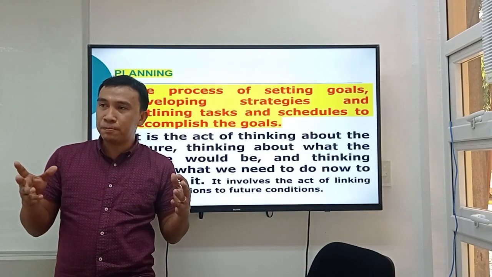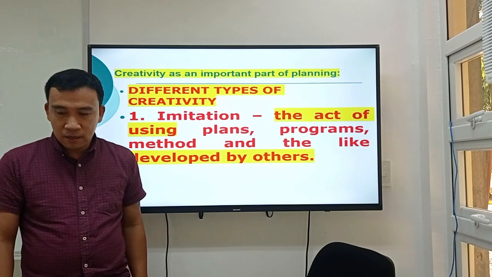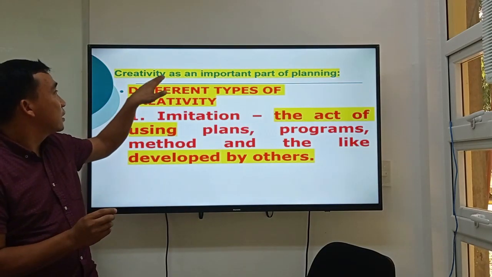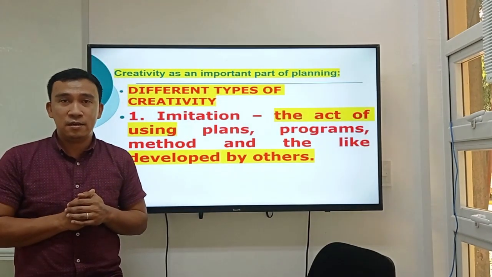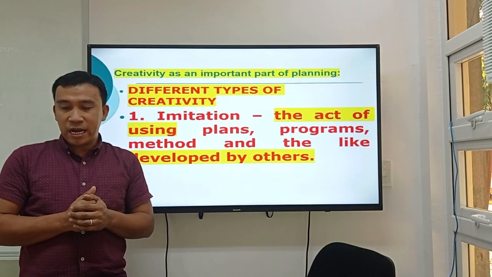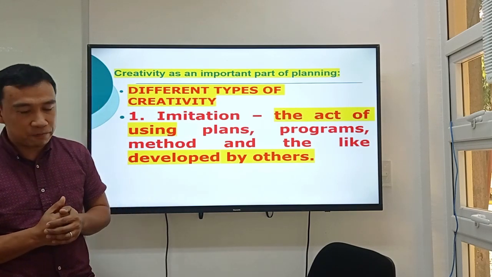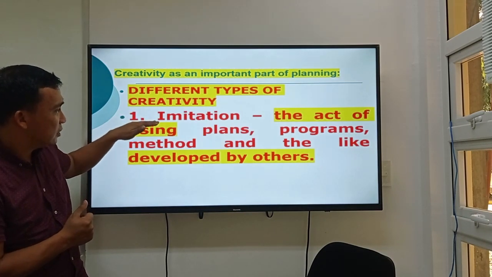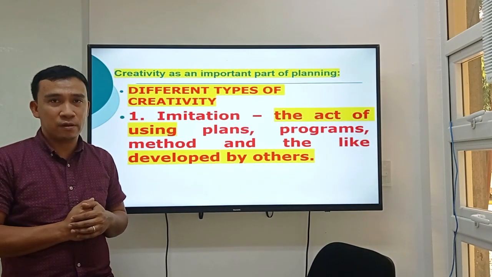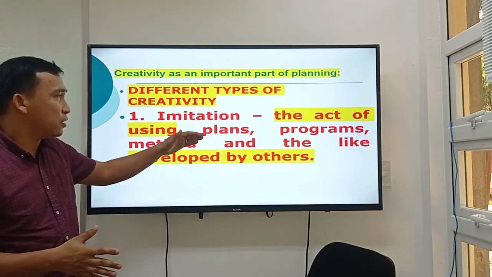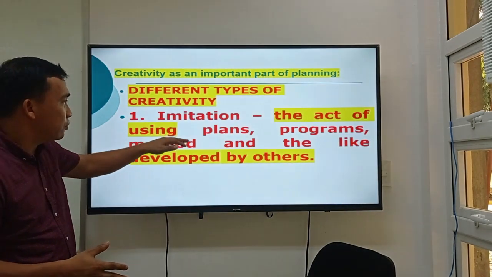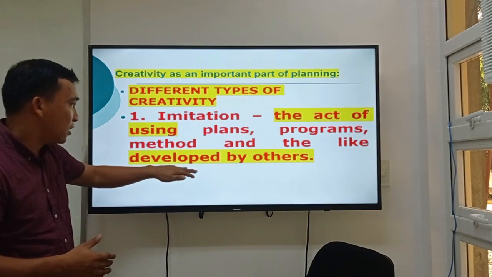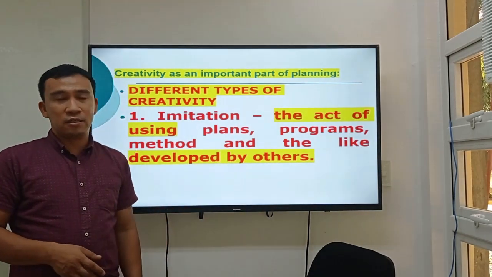At ang sabi dito sa principle ng planning, one important part of planning is creativity. Okay? Being creative. And there are different types of creativity. And one of that is the imitation. Okay? So ano itong imitation na ito? It is the act of using plans, programs, methods, and the like developed by others.